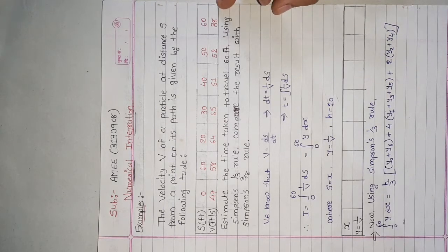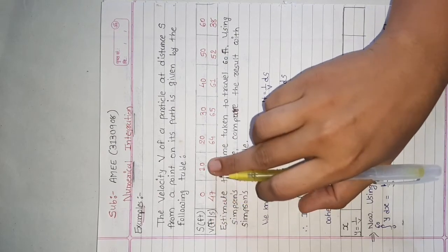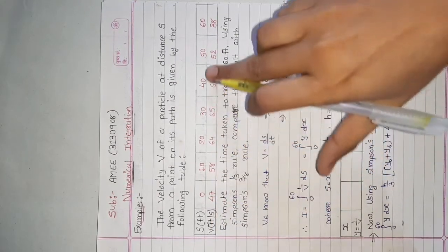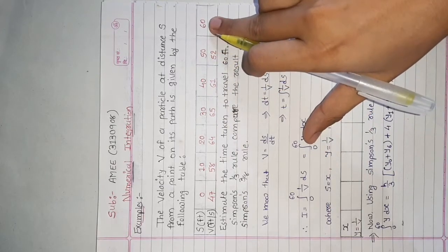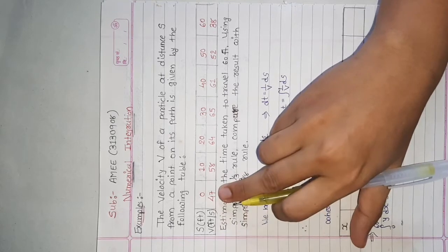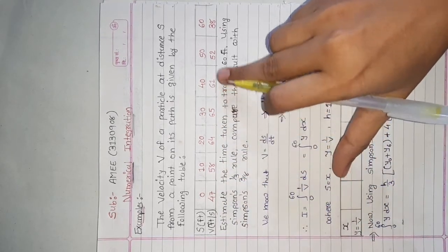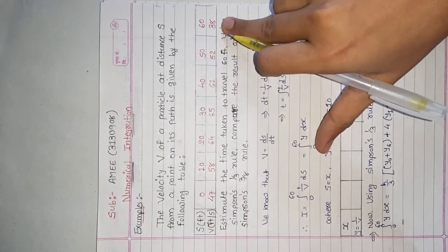The table is given in feet. The data is s = 0, 10, 20, 30, 40, 50, 60 and velocity v = 47, 58, 64, 65, 61, 52 and 38.